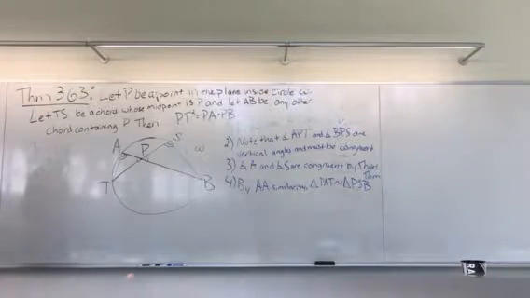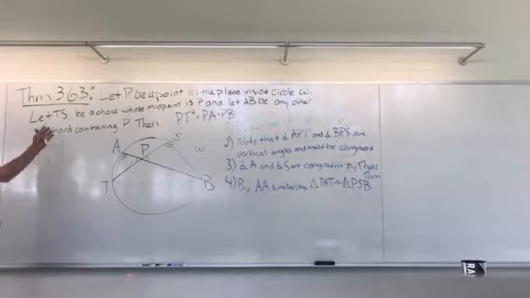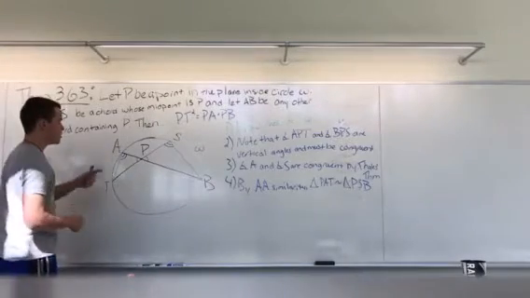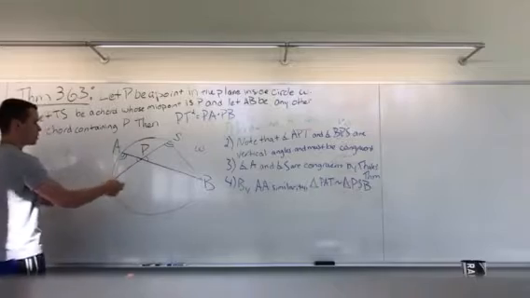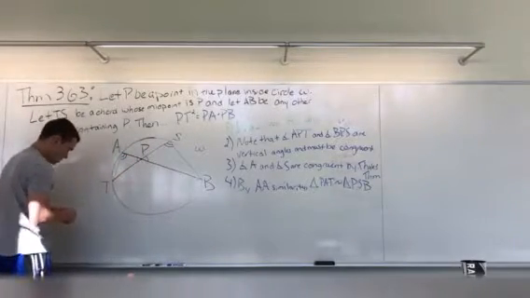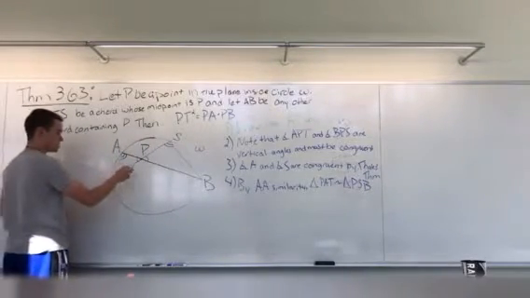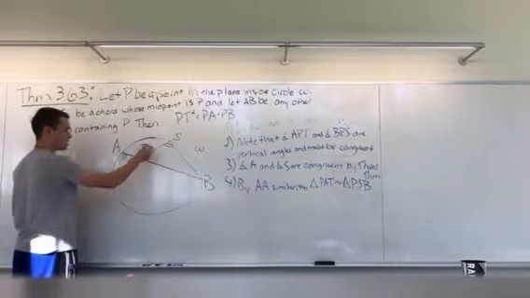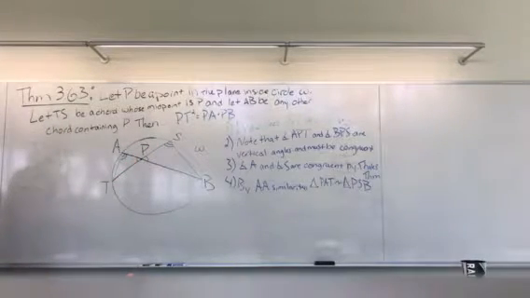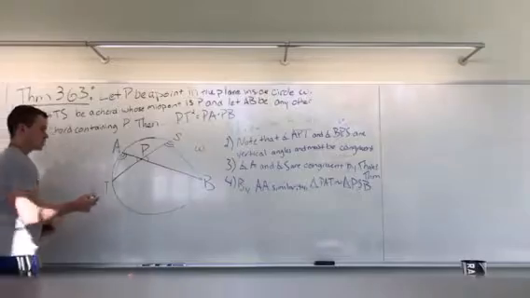If you'll note, we assumed by our hypothesis that P is the midpoint of TS. So what this means is that PT and PS are actually the same length. So let's go ahead and write that.